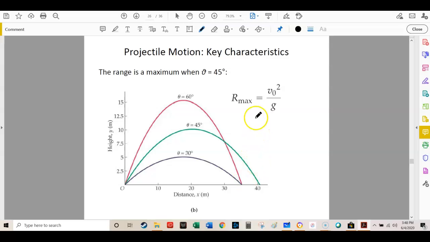But one cool thing that you could assume is that the time of flight, delta t, is proportional to the maximum height, right? What I'm saying is this: the higher something goes, if you throw a ball just 1 meter straight up, it's going to take a half second for it to travel up and then travel back into your hand.